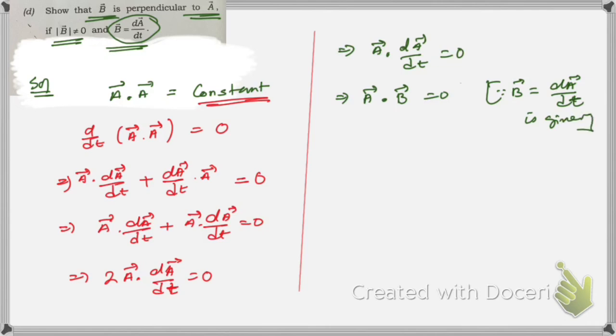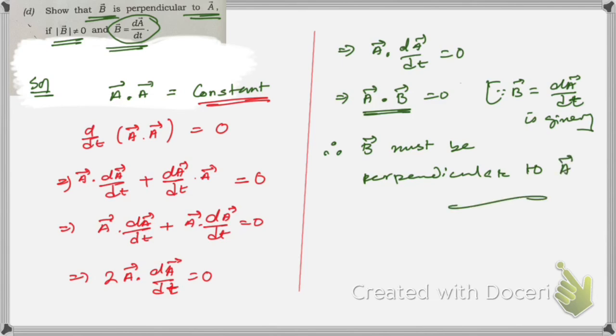So if the dot product of these two vectors is 0, therefore b must be perpendicular to vector a. Hope you have understood this.